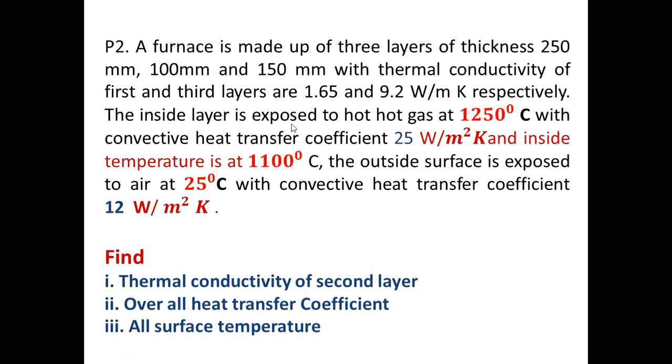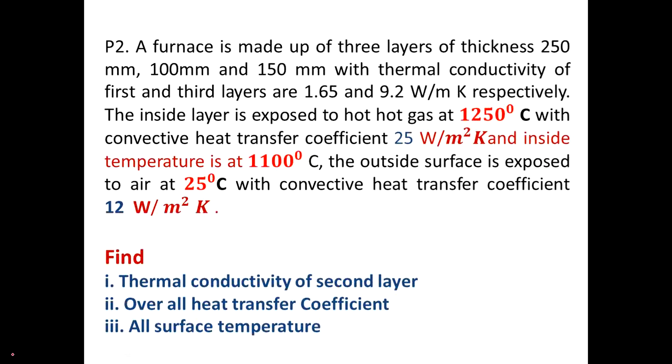The inside layer is exposed to the hot gas at 1250 degrees Celsius with convective heat transfer coefficient 25 watt per meter square Kelvin, and the inside surface temperature is 1100 degrees Celsius. The outside surface is exposed to 25 degrees Celsius with convective heat transfer coefficient 12 watt per meter square Kelvin. Find the thermal conductivity of the second layer, the overall heat transfer coefficient of all the layers, and the surface temperatures.